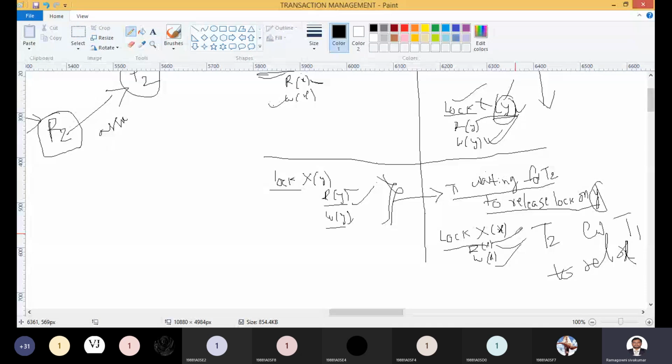So this is called deadlock state, and the T1 also waiting for T2 transaction to release the lock. So these two situations here, one is waiting for another, so that means it is in deadlock state. So here by using transaction example I explained how deadlock states occur. So that's what about deadlock.